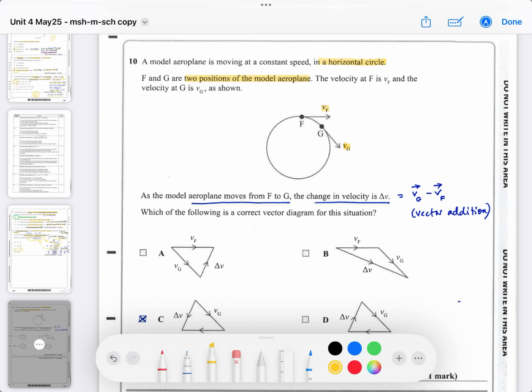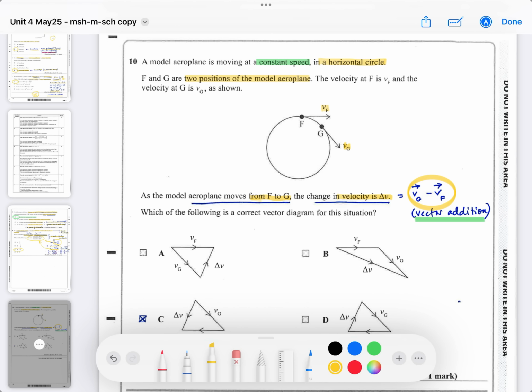As the model aeroplane moves from F to G, the change in velocity is delta V, and they mean vector change because the speed hasn't changed. Remember, the speed hasn't changed, but the velocity has changed because it's a vector. The direction is constantly changing in circular motion.